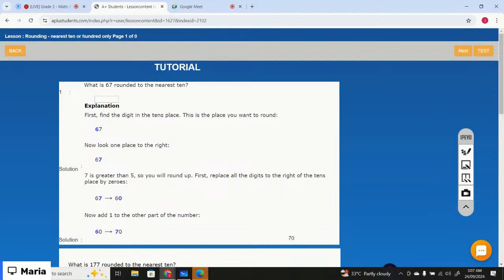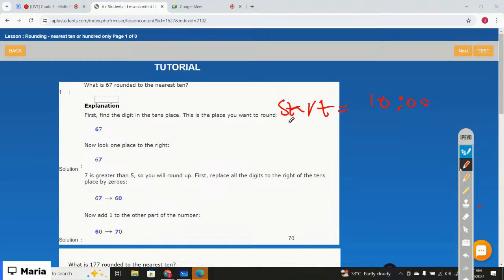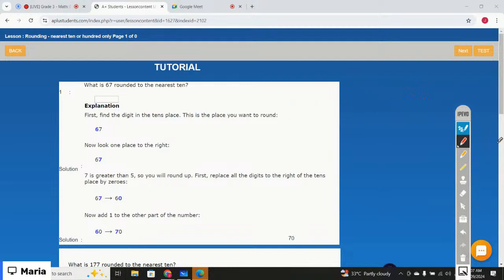What is 67 rounded to nearest 10? So you need to round off 67 to the nearest 10, right? So 67 is between two tens, 60 and 70, right?